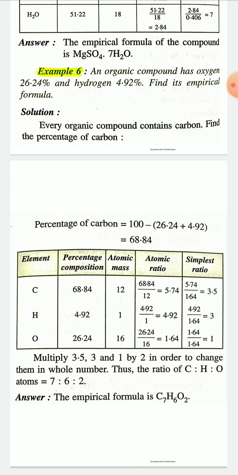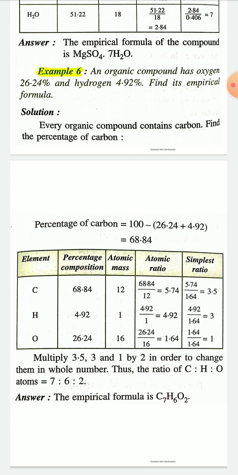It is not given here, so you have to find it by subtracting the sum of the percentages of oxygen and hydrogen from 100. Okay. So percentage of carbon in this organic compound is 100 minus, within brackets, 26.24 plus 4.92, that is 68.84.